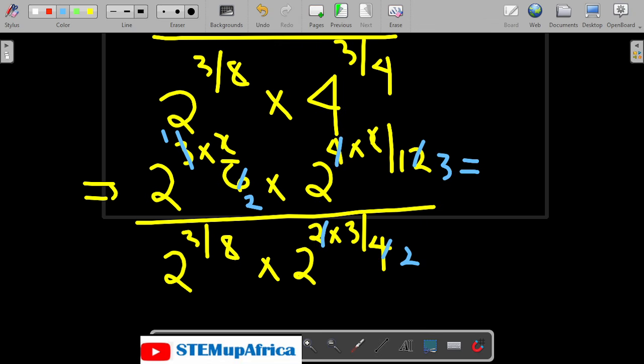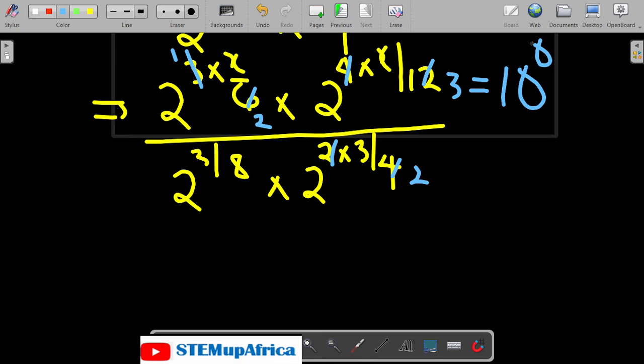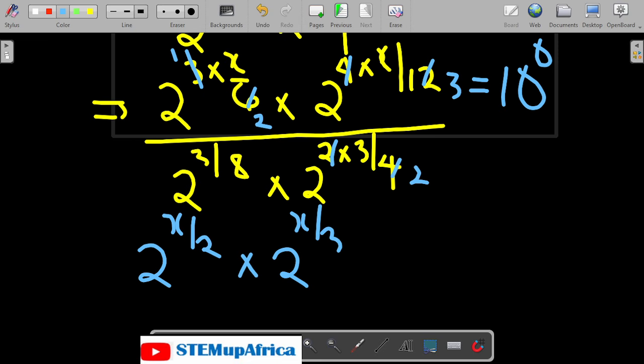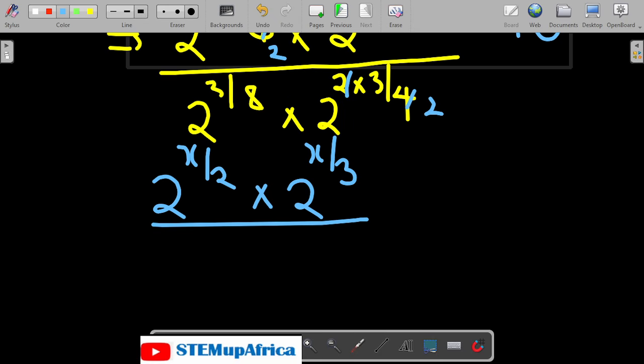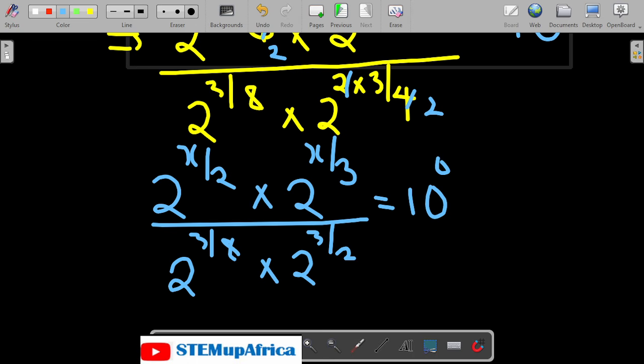So I'm left with 2 raised to power x over 2 times 2 raised to power x over 3, divided by 2 raised to power 3 over 8 times 2 raised to power 3 over 2, equals 10 raised to power 0.